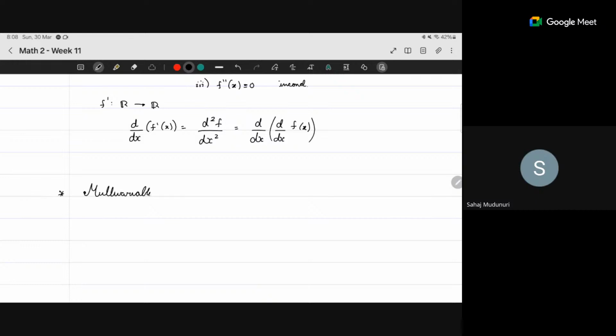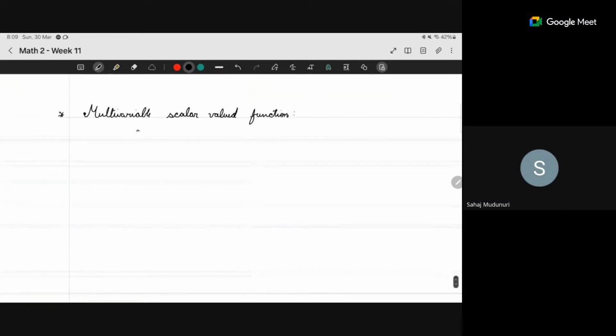Multivariable scalar valued function, let me denote it by f. If I have f from Rn to R, it could be some subset of Rn to R also, that doesn't matter much, as long as the point in question is in the interior, that's fine.